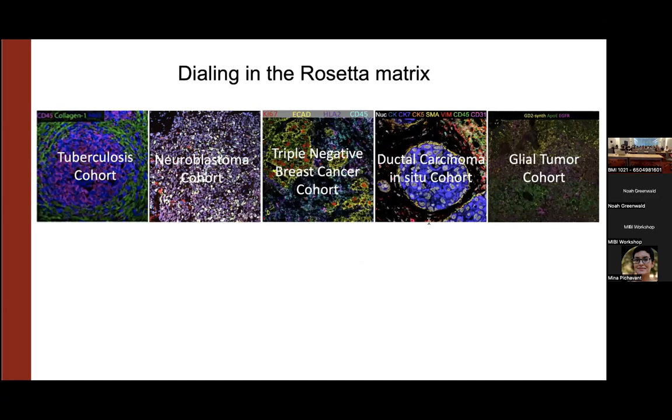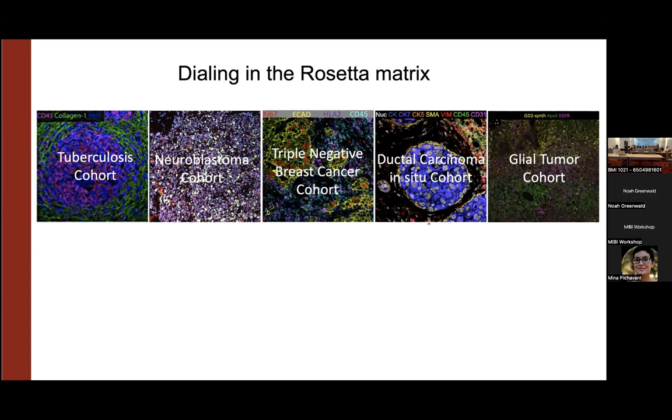So like Noah mentioned, this compensation matrix has now been run over 100 cohorts, including from our lab and collaborators: the explosive cohort, the neuroblastoma, the triple negative breast cancer, or TNBC cohort, the ductal carcinoma in situ, or DCIS, and then the glial tumor cohort.